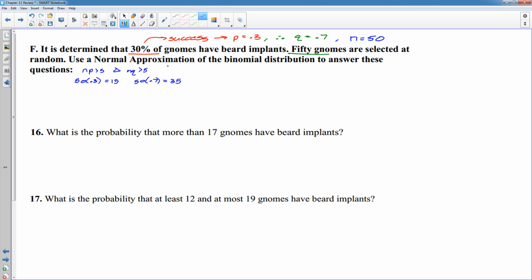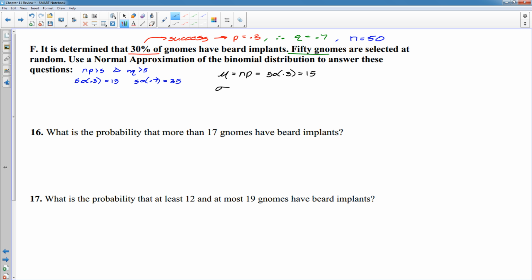Now remember, with a normal distribution, you need to find the mean and the standard deviation. That's how everything is based on the normal distribution and the bell curve. So my mean is N times P, which is 50 times 0.3, and we've already punched that in. We got 15 from over here.